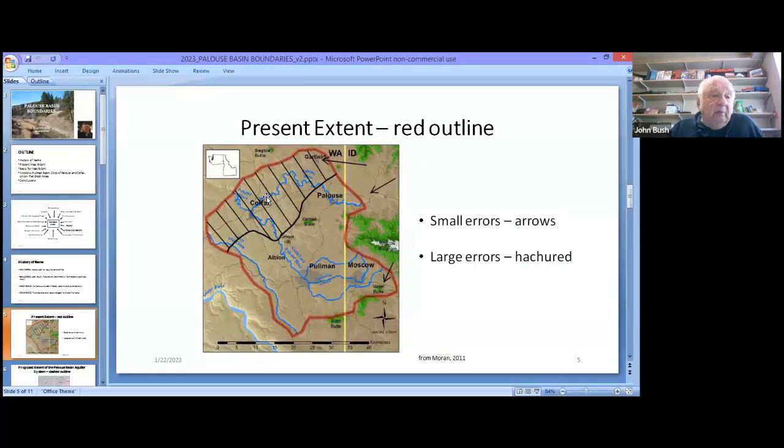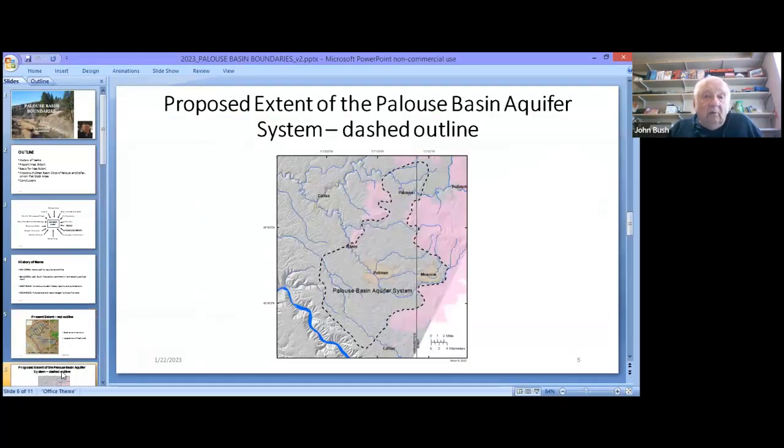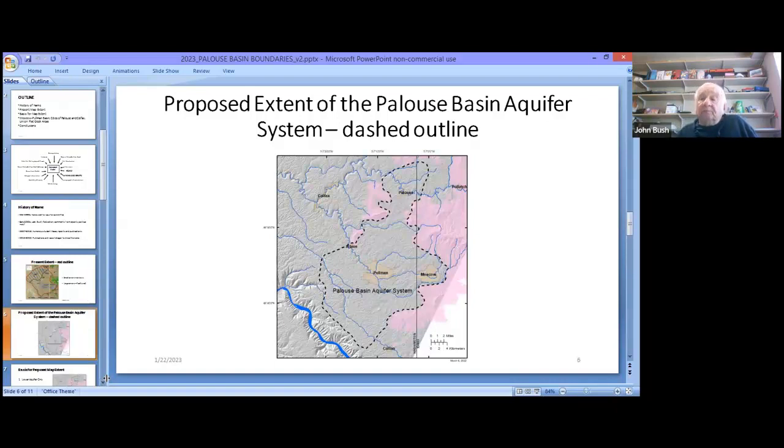So we produced a map you see here before, which is a lot smaller area. And let's talk about that map a little bit.